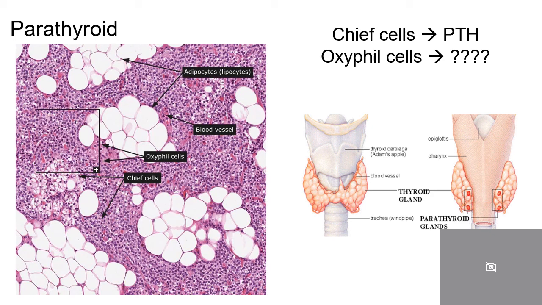The smaller and darker staining chief cells secrete parathyroid hormone. Note the scattered clusters of adipocytes. And by the way, calcitonin and parathyroid hormone should sound familiar from ANP1 and calcium homeostasis in the skeletal system.